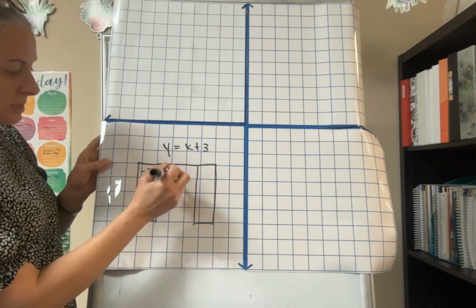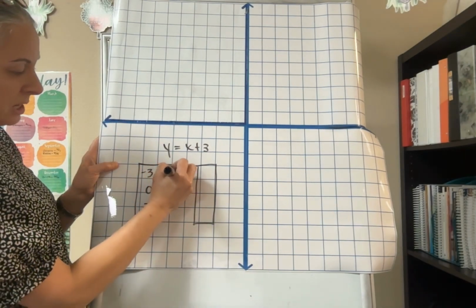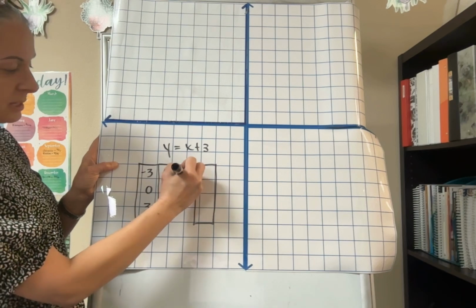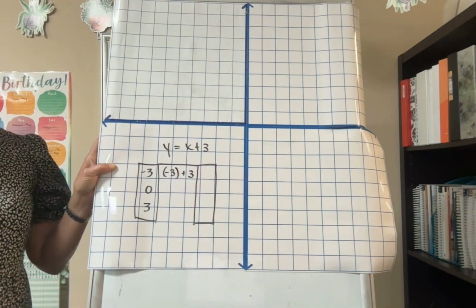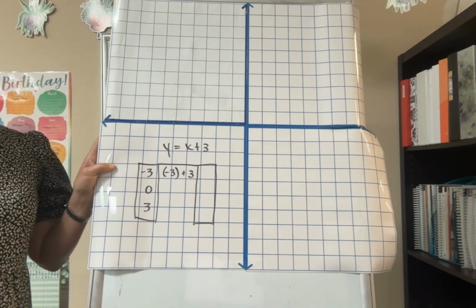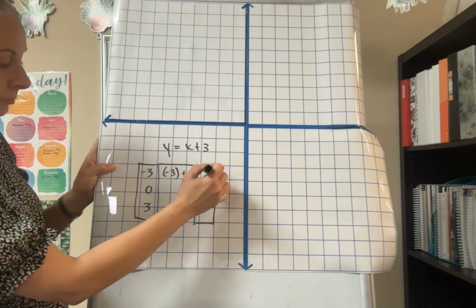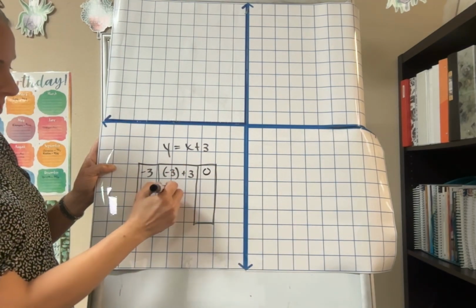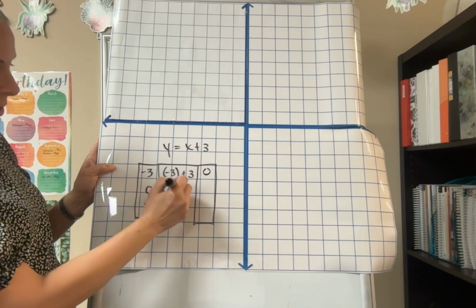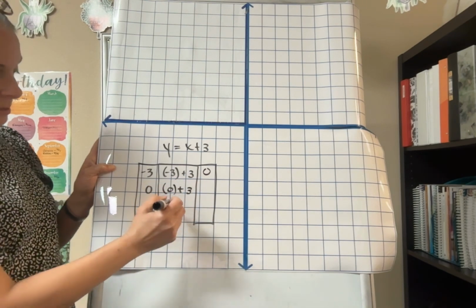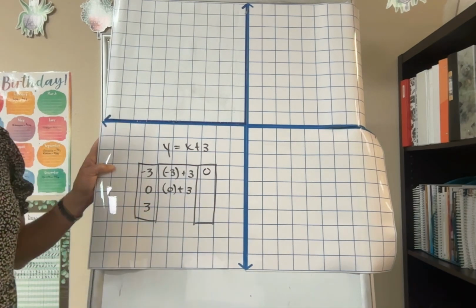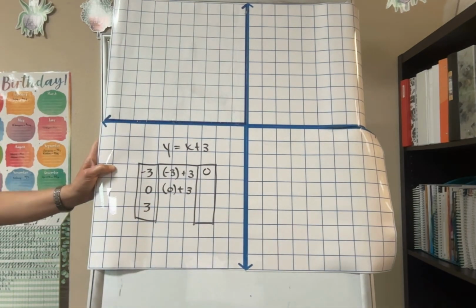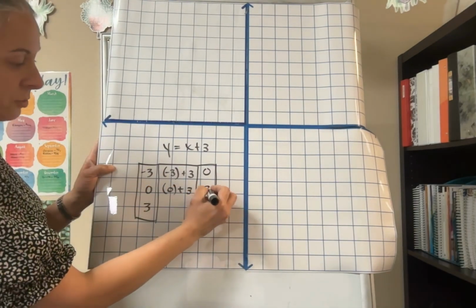So what happens if I put -3 in x's place and then say -3 plus 3? What's my output going to be? 0. What happens if I put 0 in x's place? I'll have 0 plus 3, so I'll have 3.